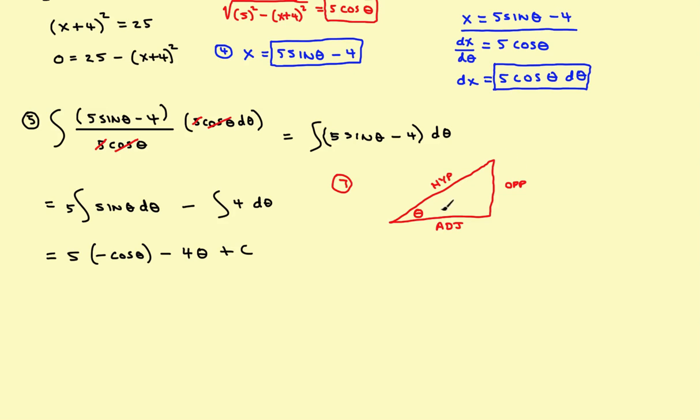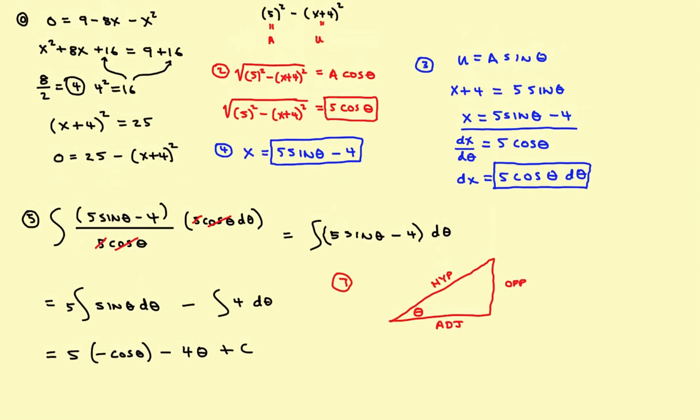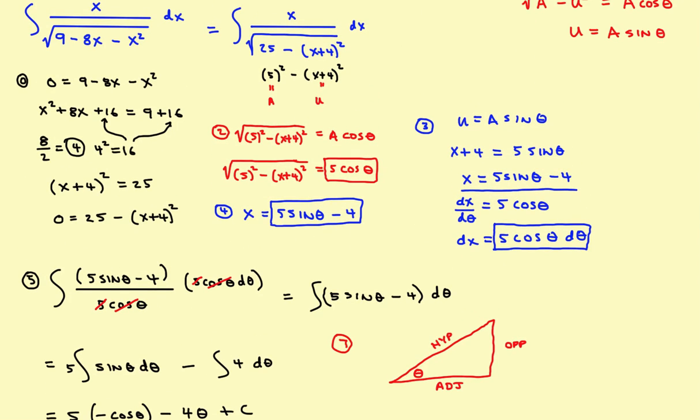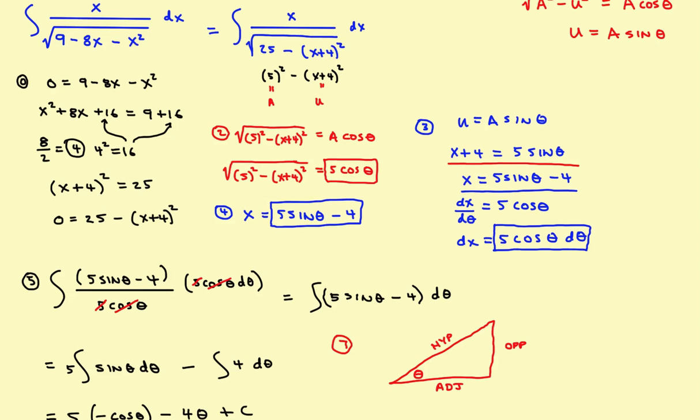Now, two of the sides you're going to know from your trig functions in a previous part of the problem. So move back up here. And in this case, what we've got is this. X plus 4 is equal to 5 times the sine of theta. So we'll use that to find two of these sides.